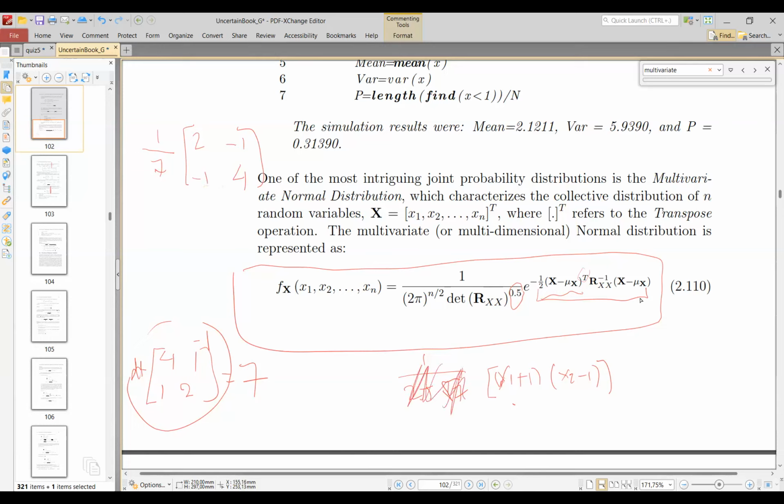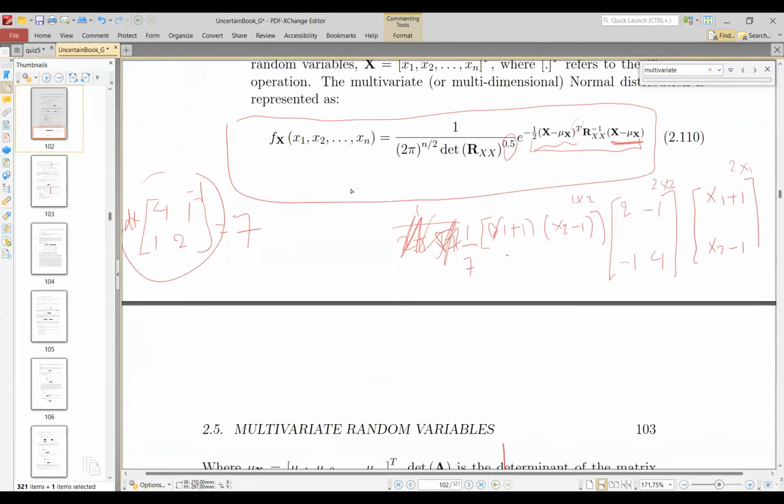So this vector is x1 plus 1 and x2 minus 1. What you have now is one row by 2 elements, here you have 2 by 2, and here you have 2 by 1. So the result will be 1 by 1. The result will be a scalar.